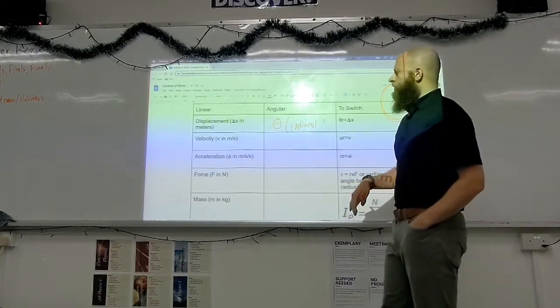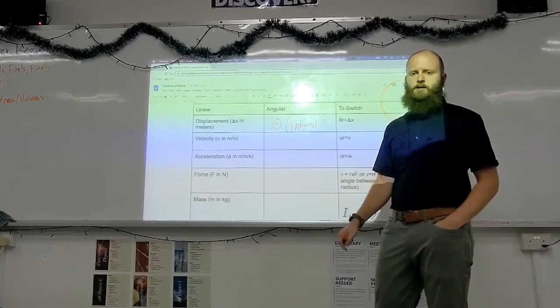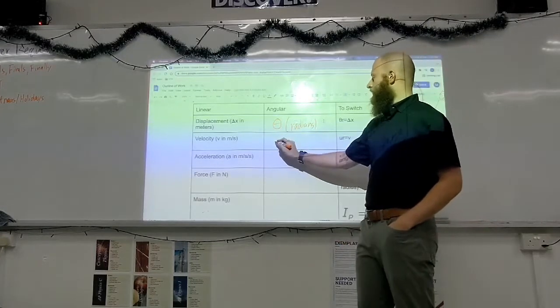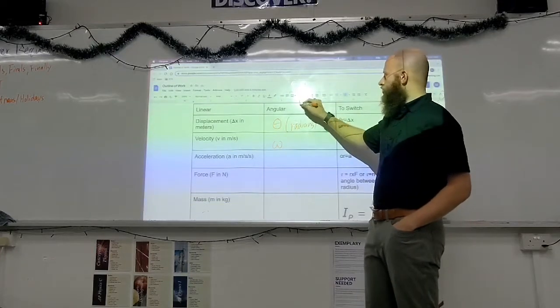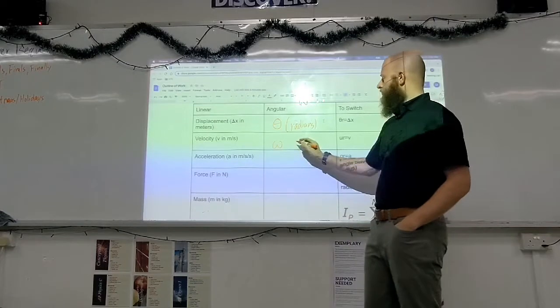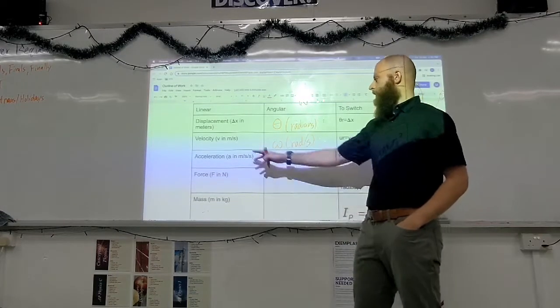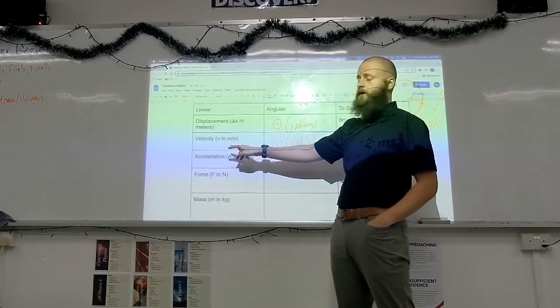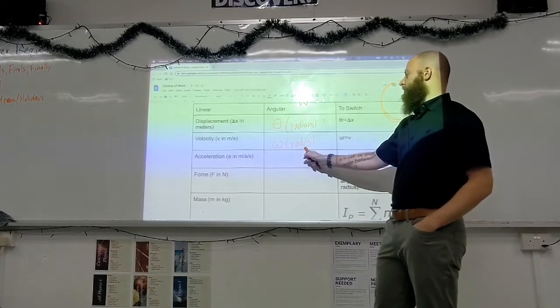So next, velocity. What is the angular version of velocity? Omega. It's kind of like a W, but instead of using straight lines, you're using curved lines. The units for this will be radians per second, just like we have meters per second for velocity. For omega, or angular velocity, we have radians per second.